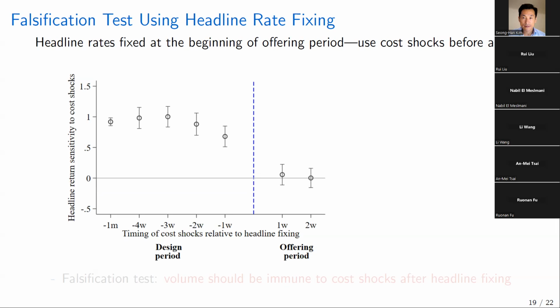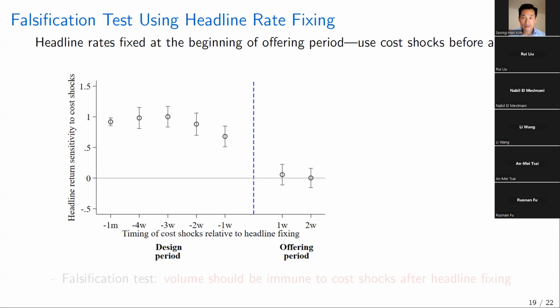Then there is a few-week period when these securities are offered by brokers to investors. If there is a change in the pricing conditions over this period, it doesn't affect the headline returns. It cannot, because these headline returns and protection levels are fixed. However, it can still affect demand, because over this offering period, investors can decide how much of the security they want to subscribe. At the end of the offering period, there is a fully elastic supply, so the bank is going to issue all the subscribed amount.